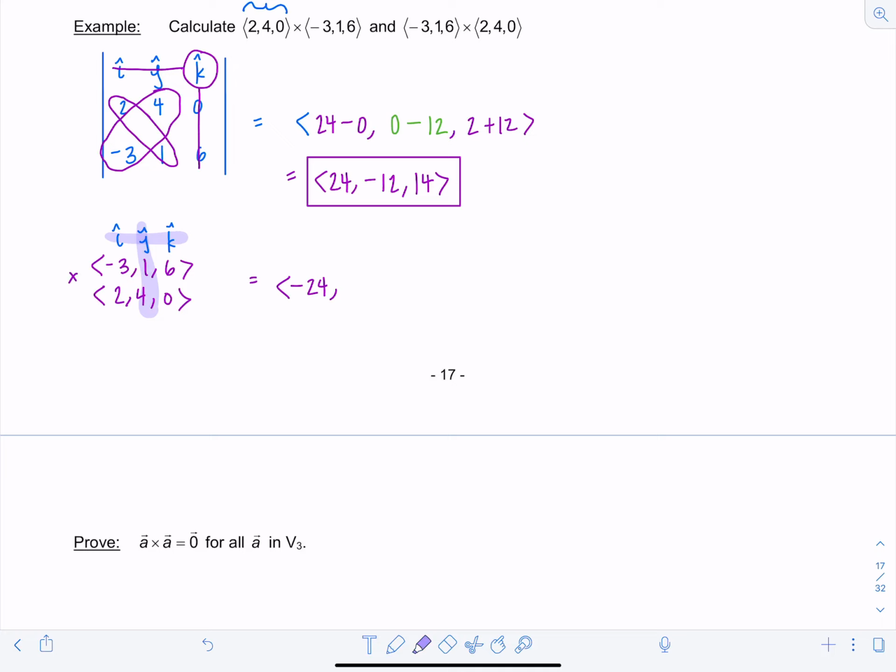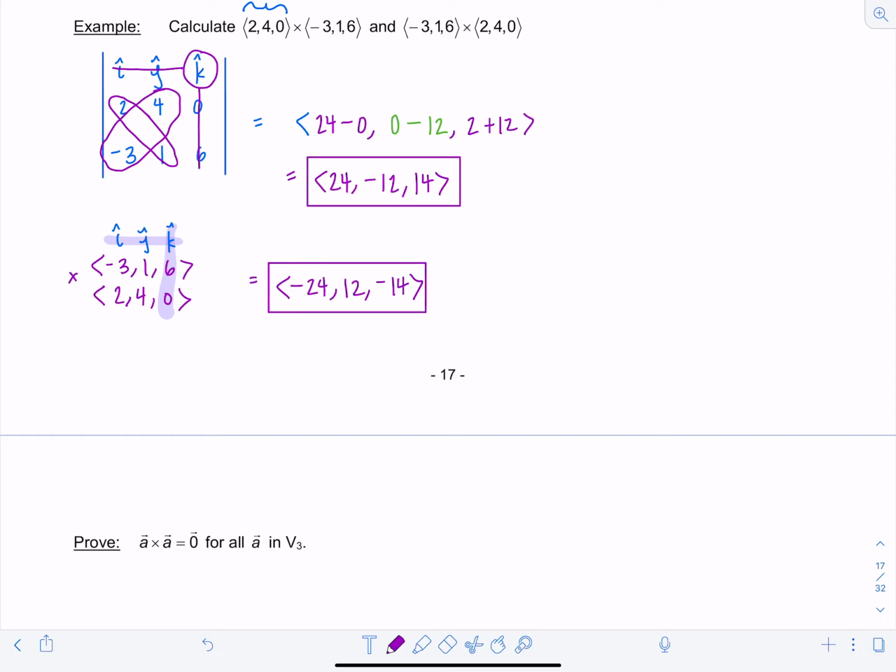So 6 times 2, that's 12, minus 0, so that's going to be 12. And then the last one, I'm just imagining all this. I don't write anything out. Negative 12 minus 2, so that's negative 14. Okay? And that's totally fine.